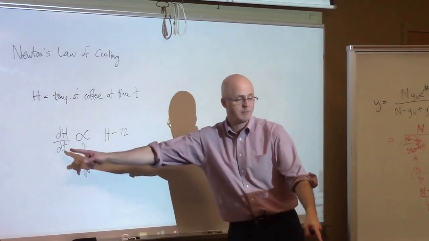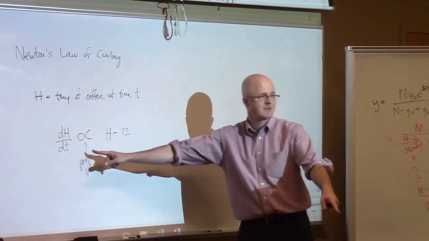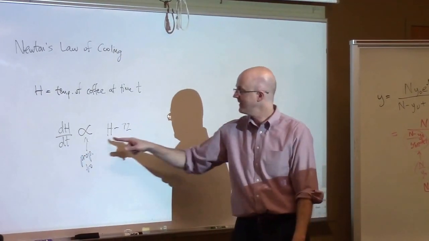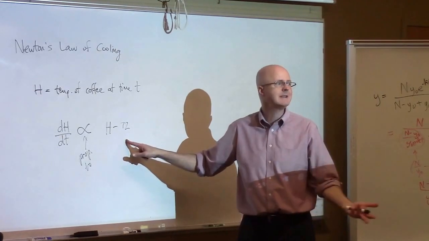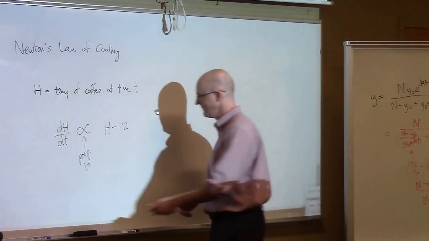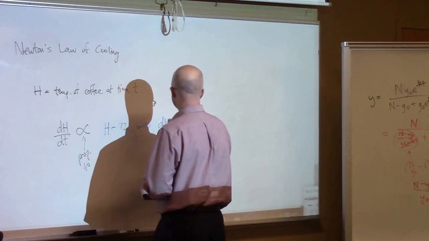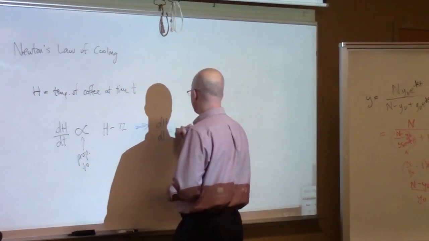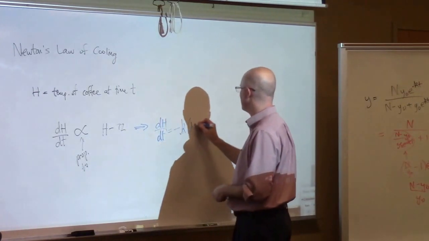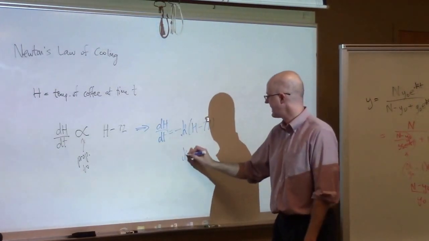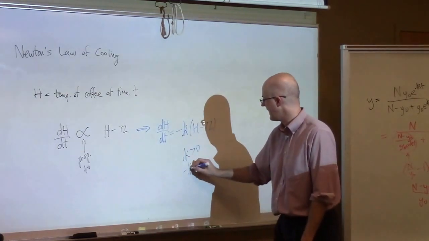Is dH/dt going to be positive or negative if it starts out hot? It's going to be negative. But H minus 72 will be positive, so you need a negative constant of proportionality. You can emphasize that by writing dH/dt equals negative k times H minus 72, where k itself is positive, so negative k is negative.